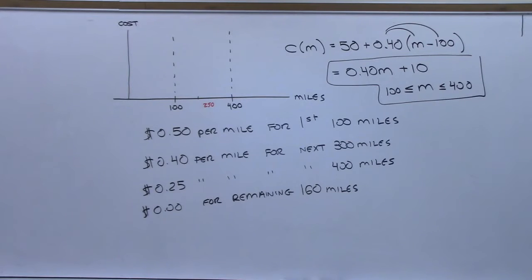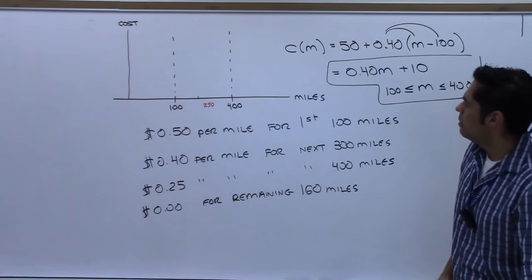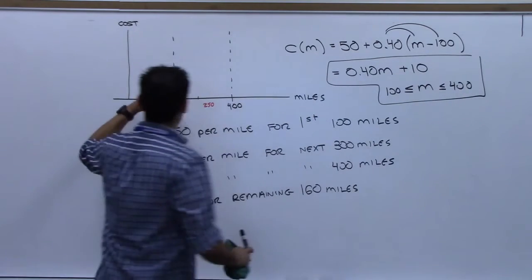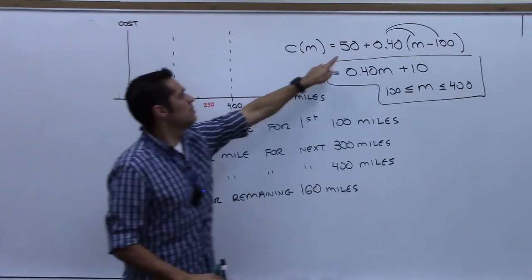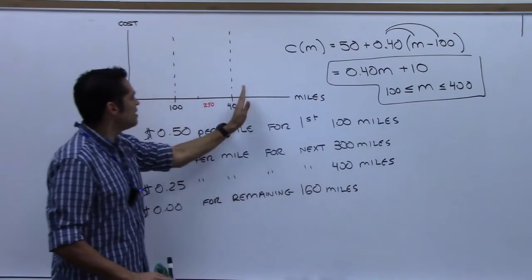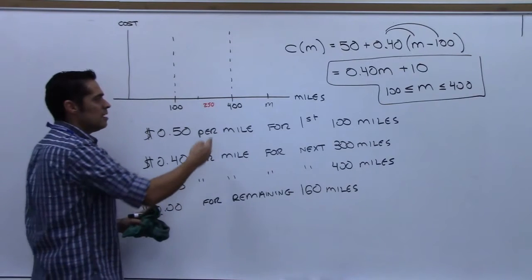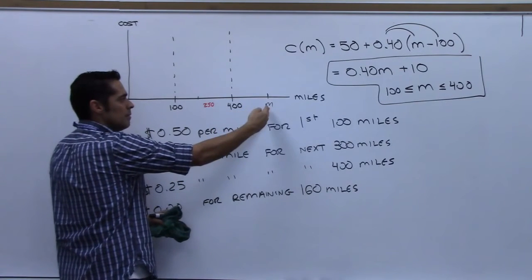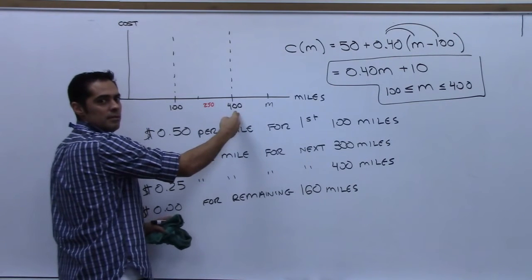And then for C, pretty much do the same thing. And for C, the difference is that you're going to have a fixed cost for this and this. So your constant's going to be different. And then this last piece, if this right here is M, then it's going to be what? M minus 400. Minus 100?